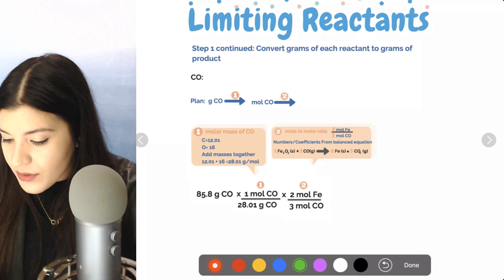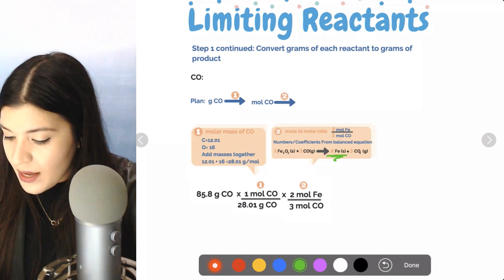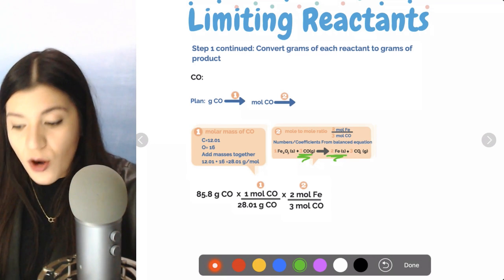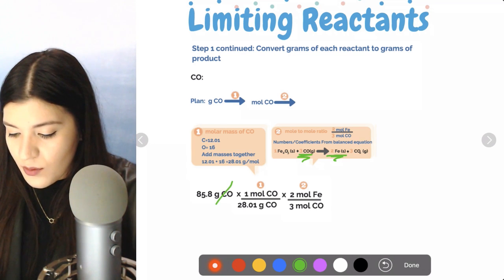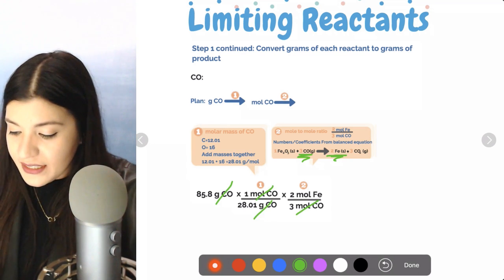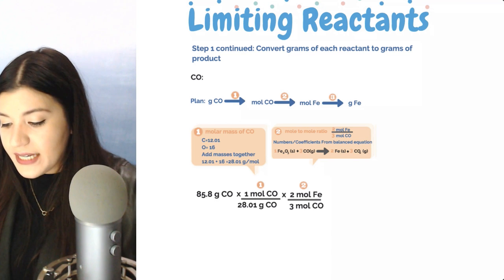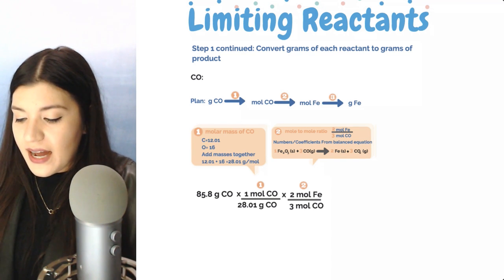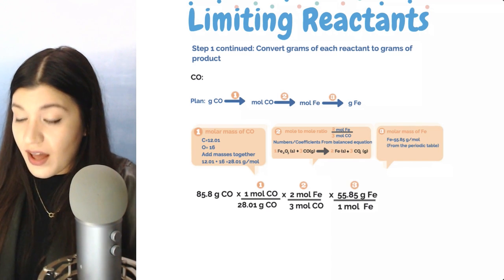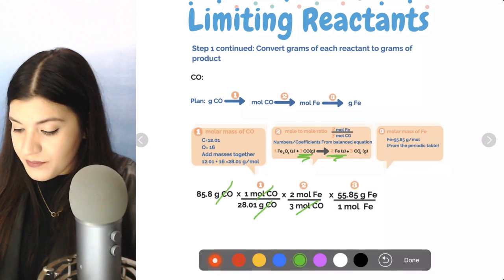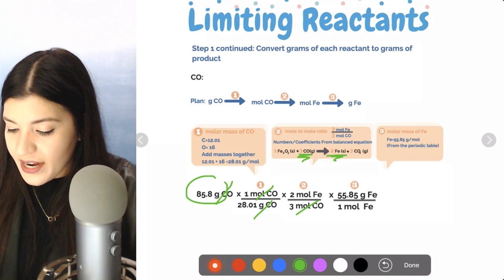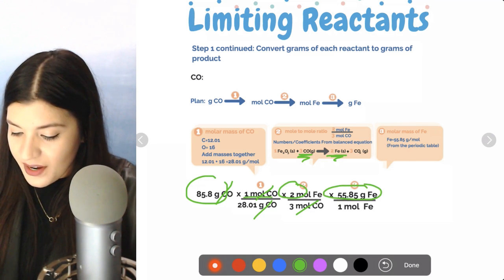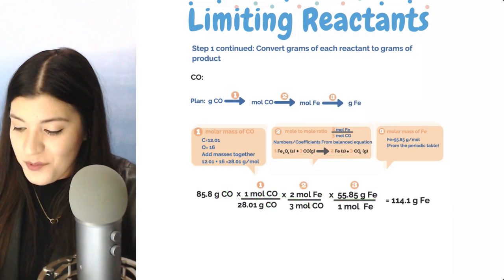So 2 moles of iron and 3 moles of carbon monoxide. That's where I found that here. We're canceling everything out accordingly. And that last step, we're trying to get to grams of iron. So grams of iron would be just the molar mass of iron. And then lastly, we would multiply straight across and divide by these 2 multiplied, and we get this value.